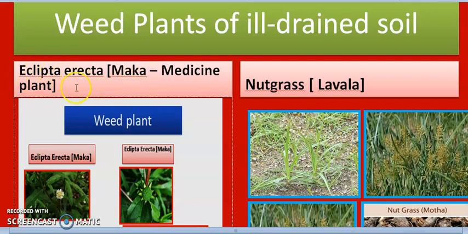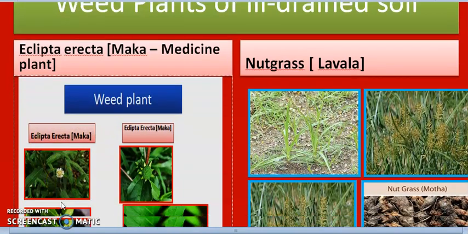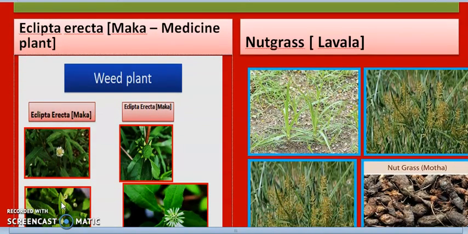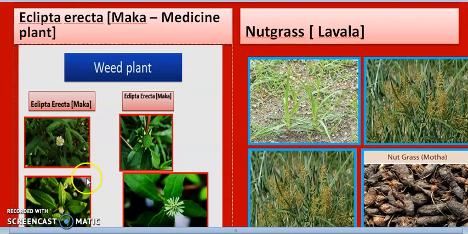It is botanically known as Eclipta erecta. Here we see the images of Eclipta erecta, locally known as the maca plant. There are different images of the same plant.